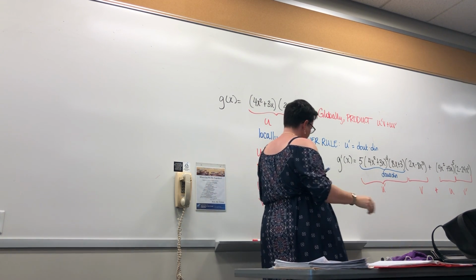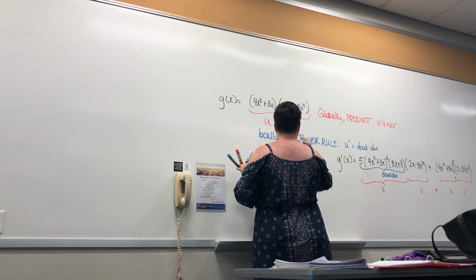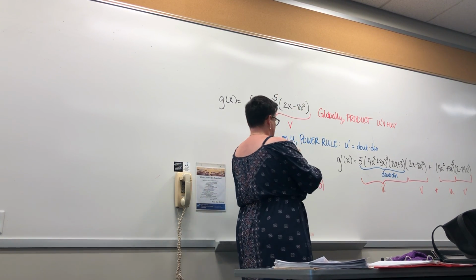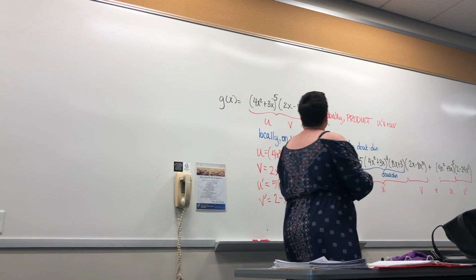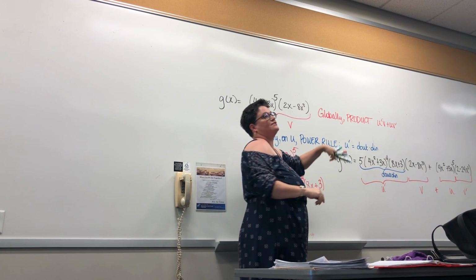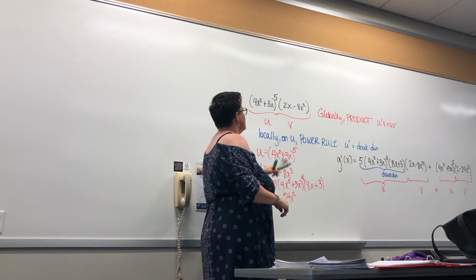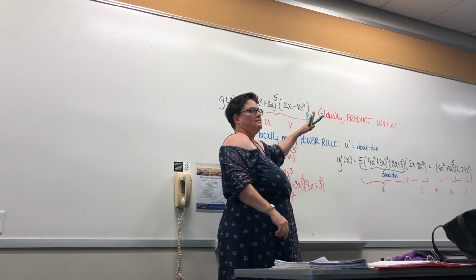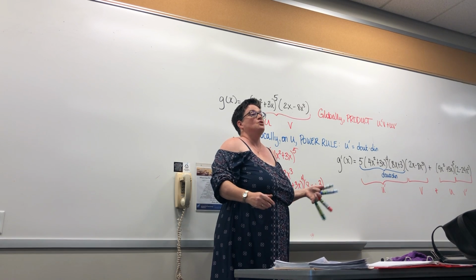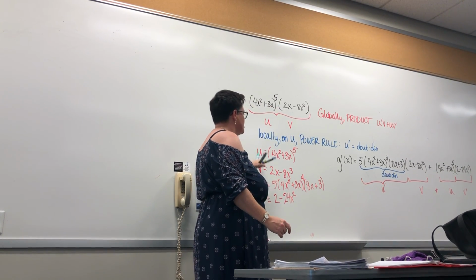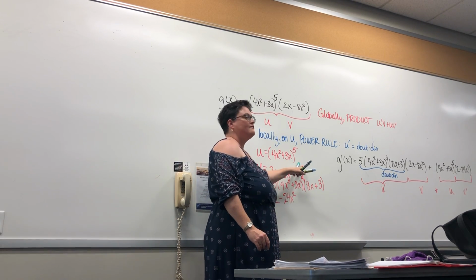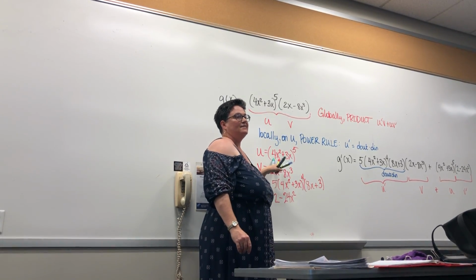Can you just quickly re-explain globally and locally? Absolutely. I'm looking at this holistically. I'm looking at the forest first, then I'm going to start looking at the trees. Forest-wise, the two things in front make a product, right? Now you start to get into the weeds. Once you define your two things, you see that one of them has a power on it. That's a local power.